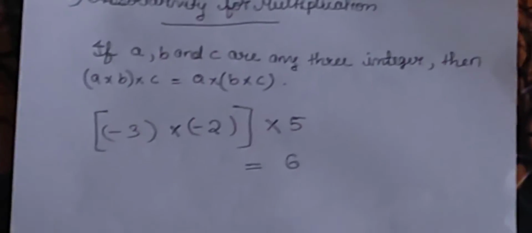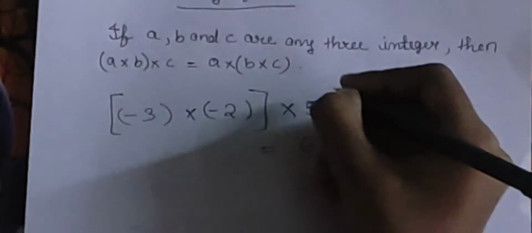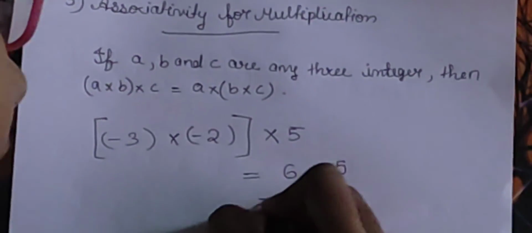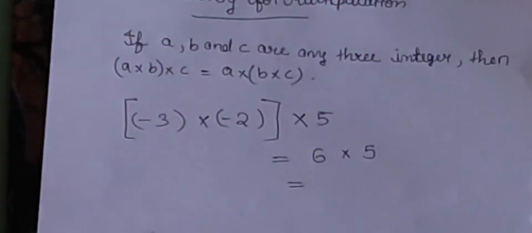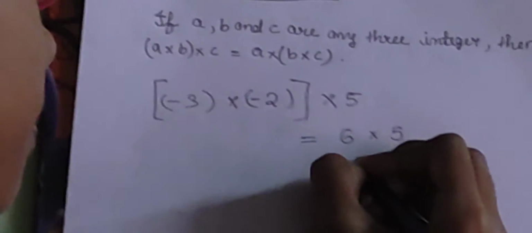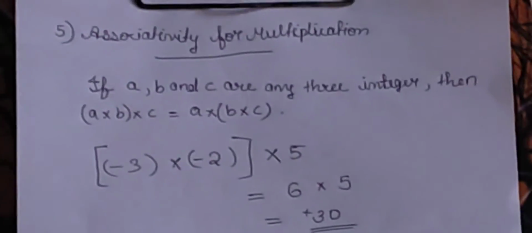Negative 3 into negative 2 is equal to positive 6, into positive 5 is equal to 6 into 5, 30. Here we have two positive integers, so the answer is positive 30.